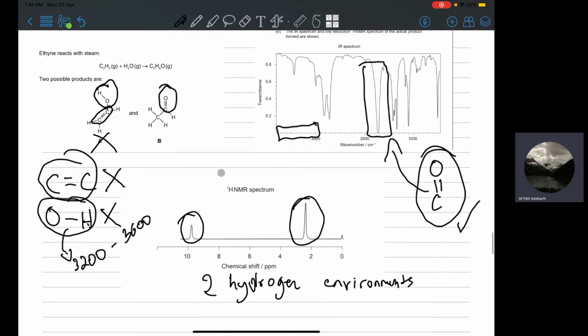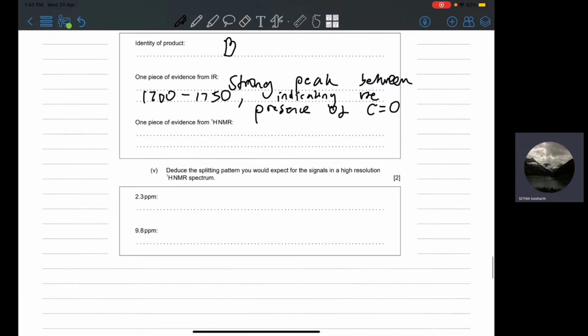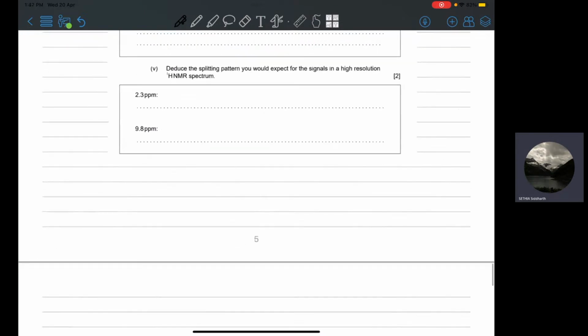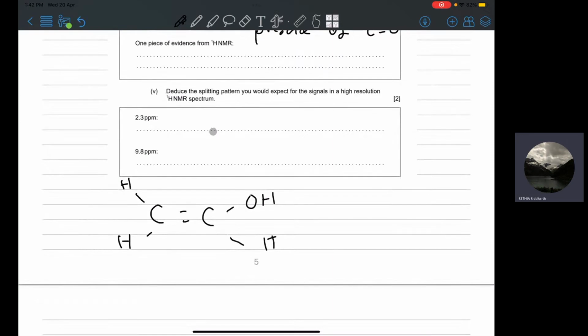Now, out of these two molecules, between A and B, let me just draw out A and B, right? So it looks something like this. And then we have B, right?